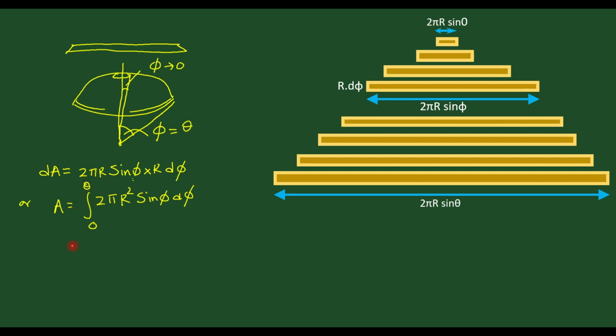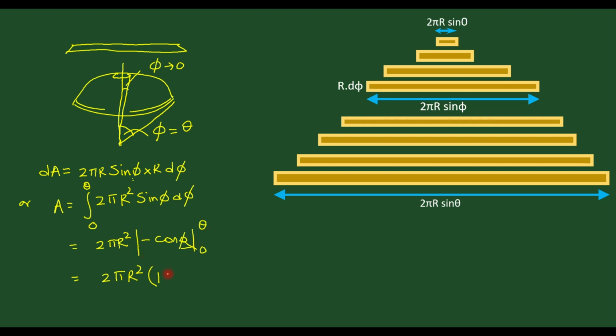This is equal to 2 pi r square times the integral of sin phi, which is minus cos phi, with limits from 0 to theta. That equals 2 pi r square into cos 0 minus cos theta.